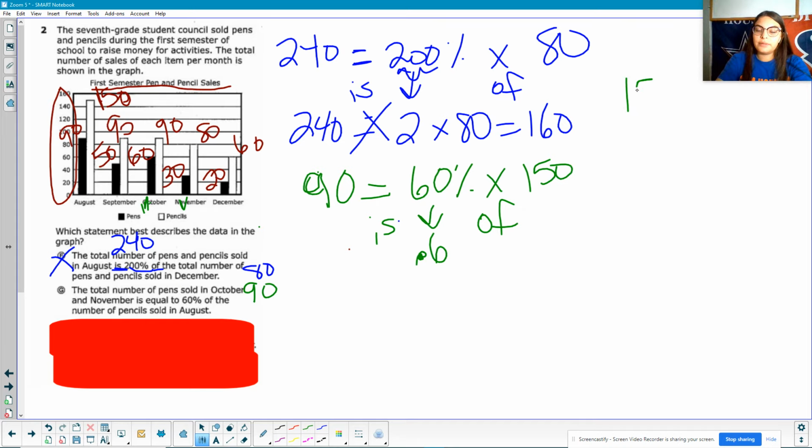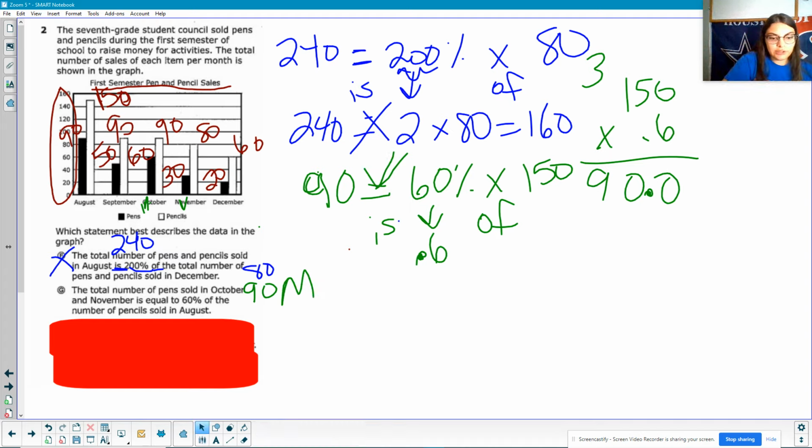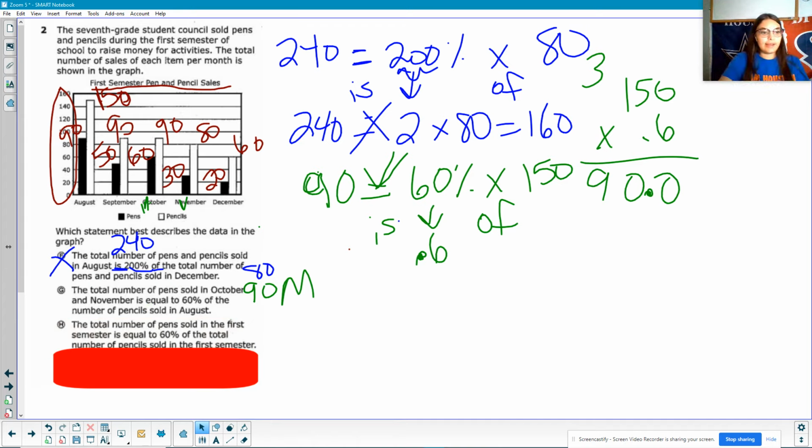And off to the side, I'm going to do 150 times 0.6. 0, 30. 6 times 1 is 9. 1 place value, and we got 90. So that is a maybe. A check mark there. Okay, let's just keep going, just in case we did something wrong in G, then F and J will let us know. Okay, different color. Ooh, let's do purple.